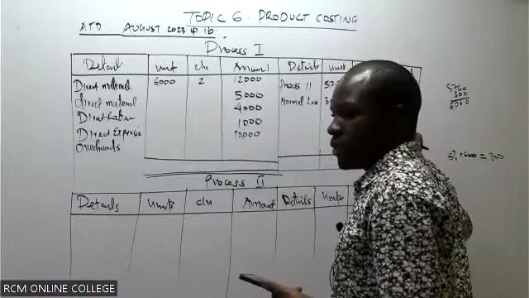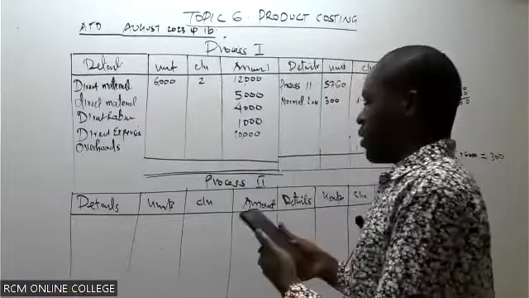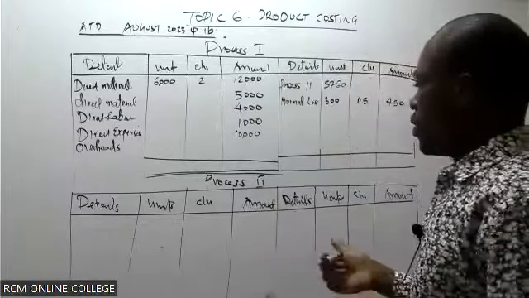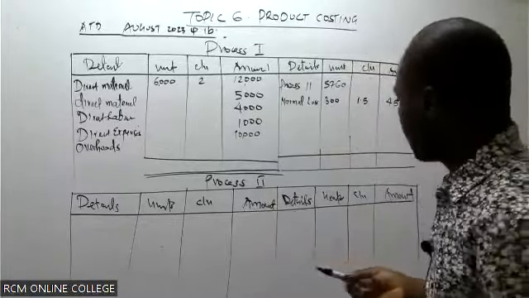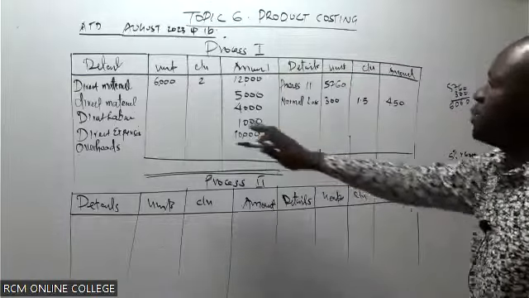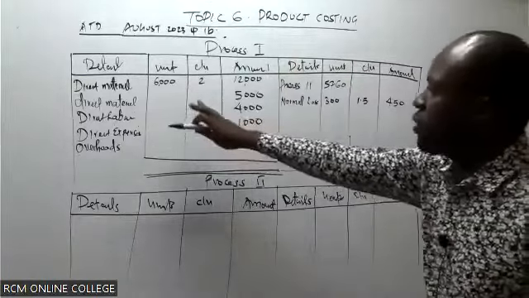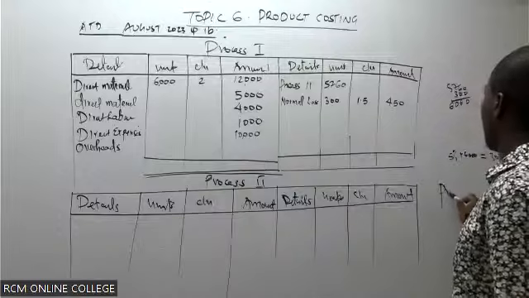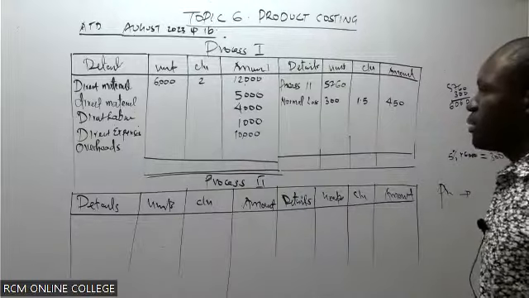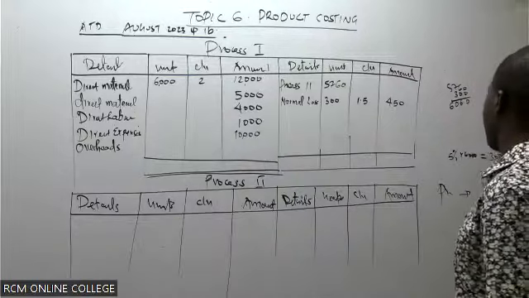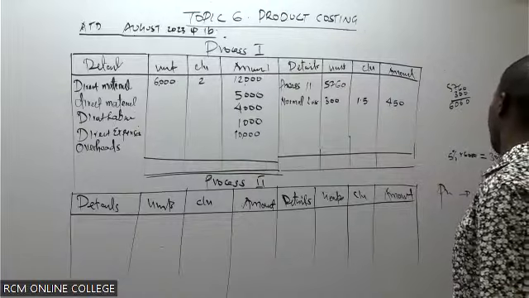How is process 2 5760? Process 2, if you are in the manufacturing sector, at this point you only boil. Having boiled, you transfer to other departments where they are going to add in some chemicals. That is process 2.